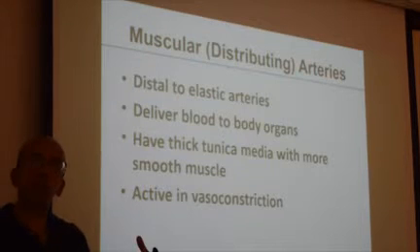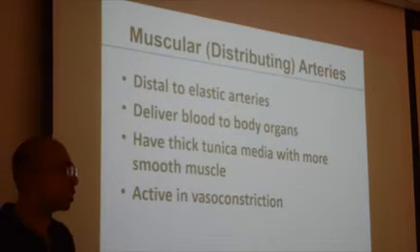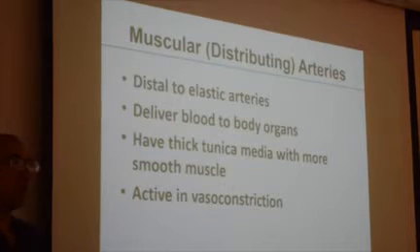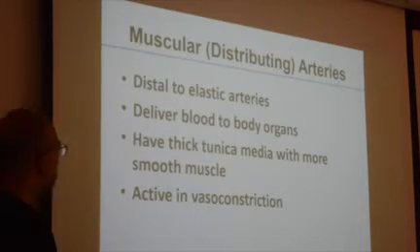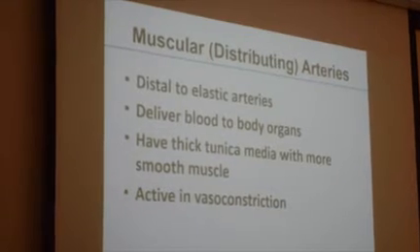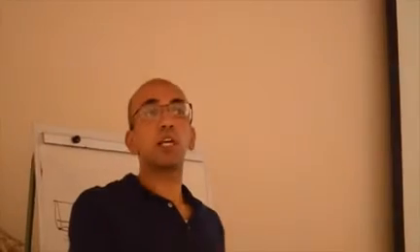Whether I will dilate the vessel or I will constrict the vessel. This is a function here of the smooth muscles. So this will make my muscular arteries become active in vasoconstriction. And why do I need to allow vasoconstriction to take place, or vasodilation? To regulate my blood pressure.